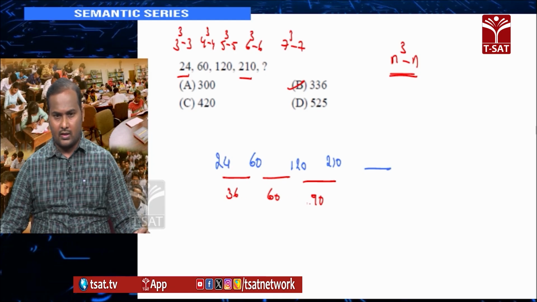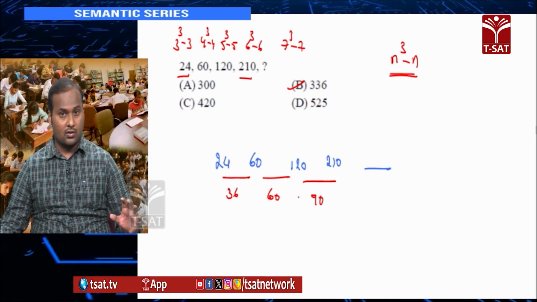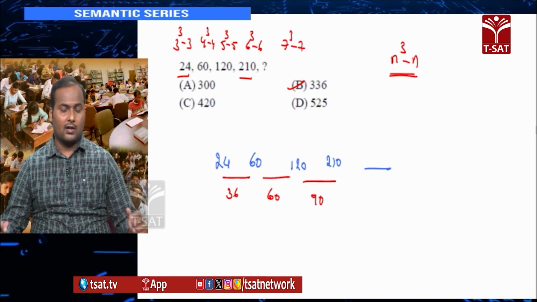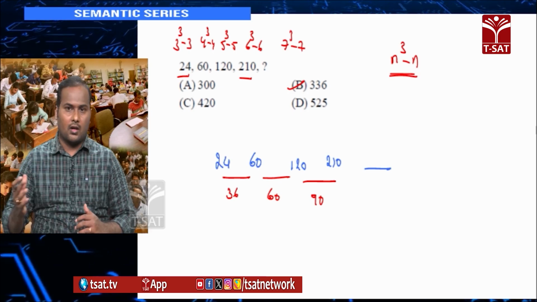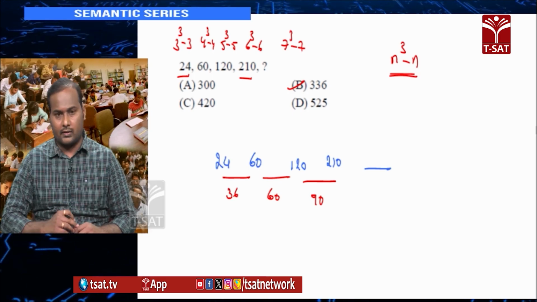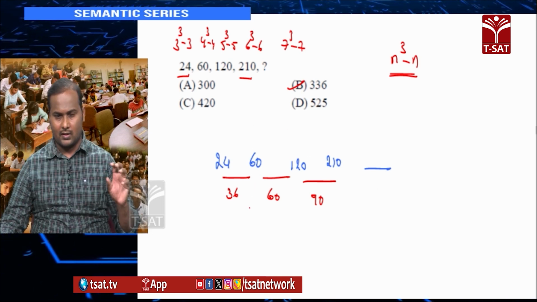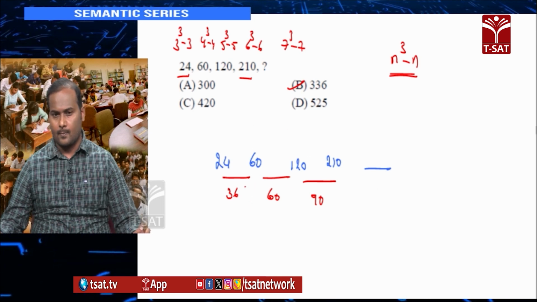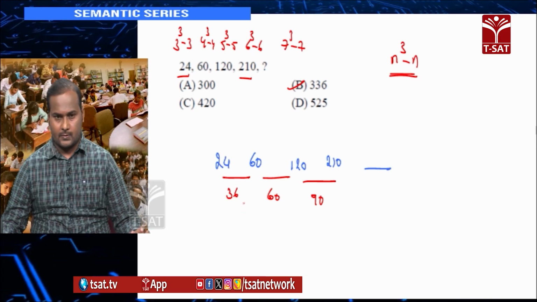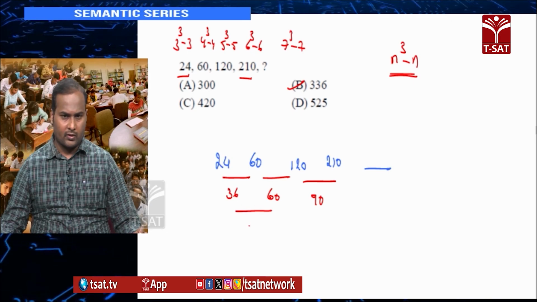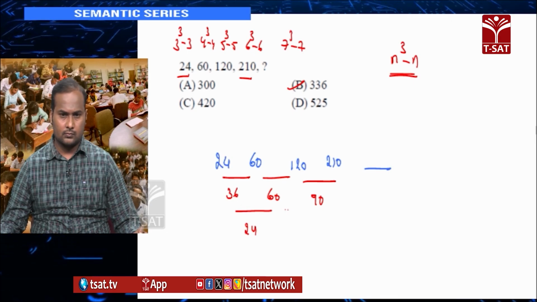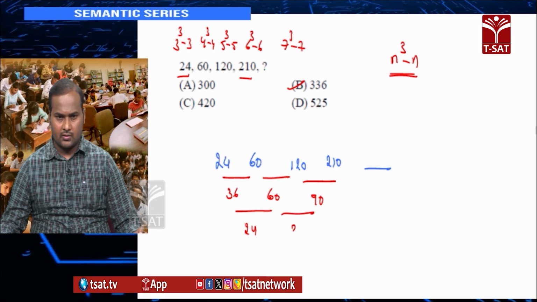The moment you see the difference at the bottom also, it is not changing much. It is not a drastic change like 36, 100, then 250, not like that. Here 36, 60 and 90. So whenever you see this consistent increase, then again you take the difference. So what is the difference here? The difference here is 24, the difference here is 30.